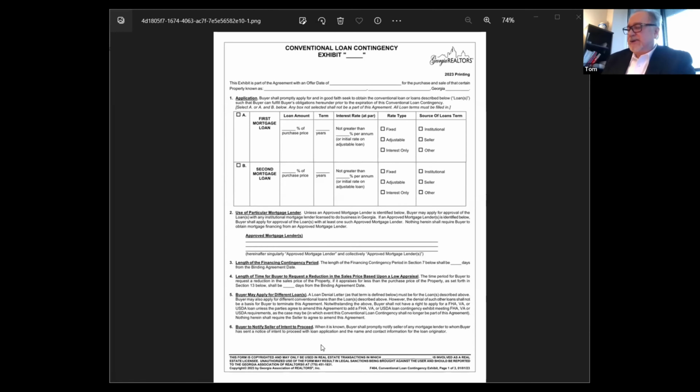However, as a good listing agent, if you have not sent that notice of intent to proceed, I'm going to tell you that you were in default and that your buyer is going to lose their earnest money, even though they received a loan declination within the proper time frame. I took a class with an attorney, and this was a big topic of conversation. And so I wanted to bring that to you guys to the table.